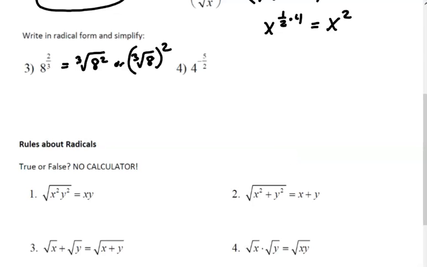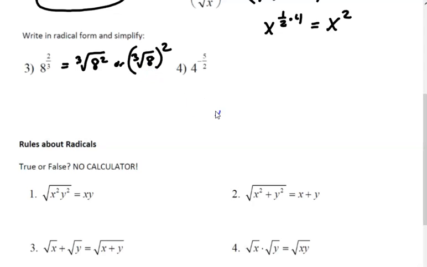So in the first one, I would have to first find what 8 squared is and then take the cube root of that. Or here I would take the cube root of 8 first and then square it. The second one's actually easier because probably most of you know what the cube root of 8 is. What number multiplies times itself 3 times to give you 8? Well, it's 2, because 2 cubed is 8.